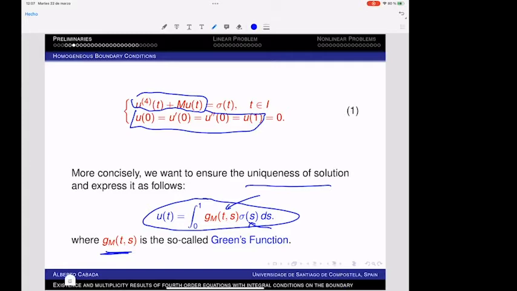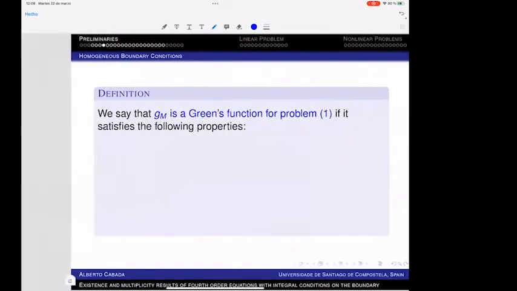But once we have the kernel, for any sigma the solution is given by it. In particular, if the Green function is positive and sigma is positive, u will be positive, for instance, this kind of thing. And of course, we can have any other properties or a priori bounds, etc.